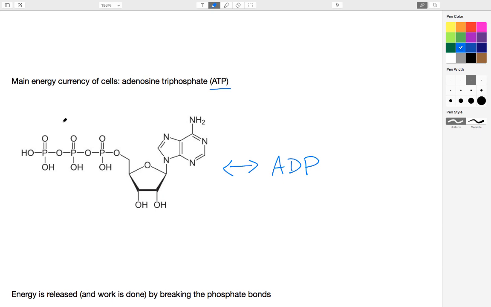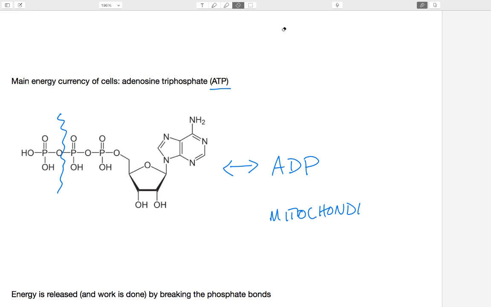The way this molecule releases energy is that the cell will break off one of these phosphate groups, releasing a tremendous amount of energy. The energy liberated by breaking this bond is used to power all sorts of chemical reactions within the cell. Once the molecule is converted to ADP, it's then recycled in an organelle within the cell known as the mitochondria.